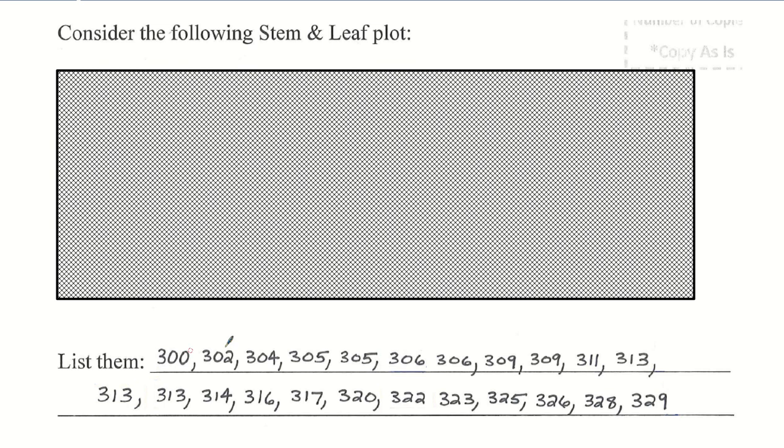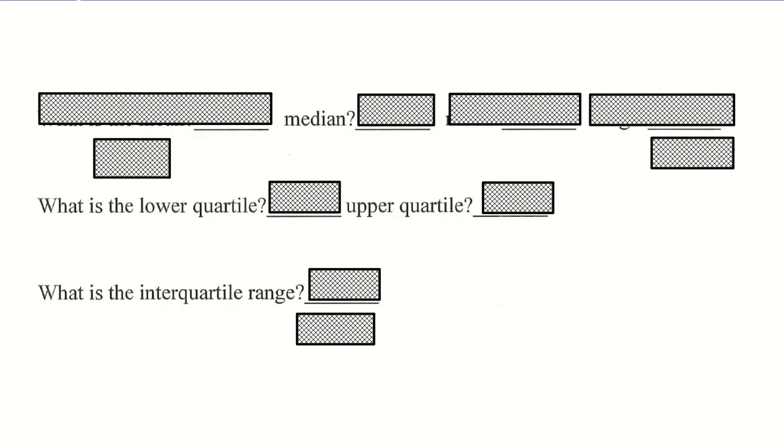With 23 values, there should be 11, then the number in the middle, and then another 11 values. So this 313 right here is the middle number, and the median here would be 313.